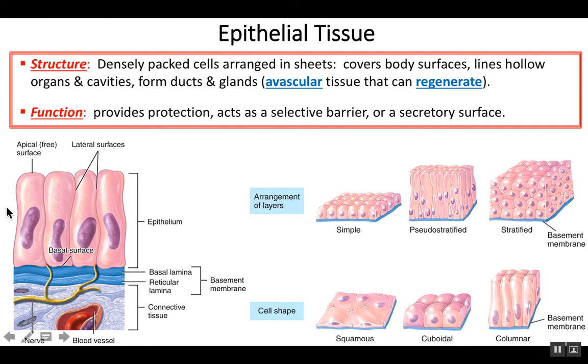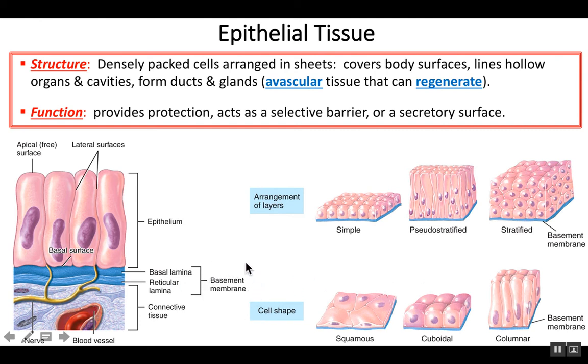This shows a general drawing of an epithelial tissue made up of cells attached to some underlying connective tissue. Epithelial tissue has an apical surface, or a surface that is not attached to anything, and a basal surface, which is attached to a connective tissue using what's called a basement membrane.